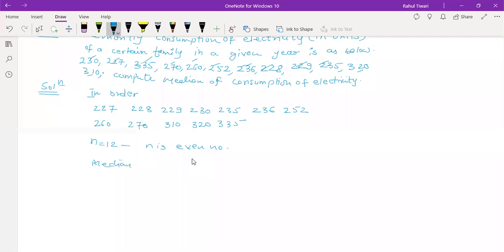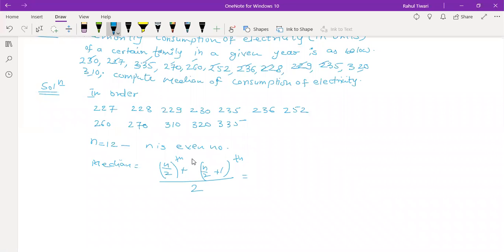Median is equal to the (n/2)th observation plus the (n/2 + 1)th observation, the whole thing divided by 2.